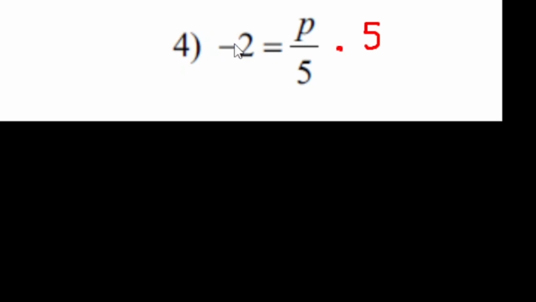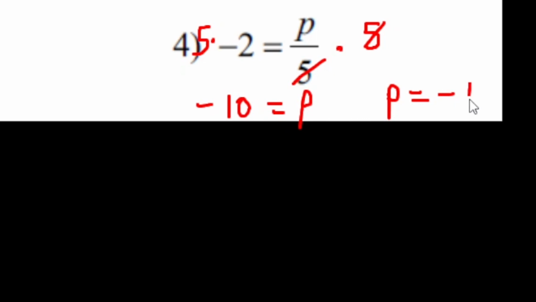And we need to do it on both sides. So if I multiply on both sides, this 5 cancels out and we get 5 times -2, that is -10, equals p. So -10 is equal to p, or we can write p is equal to -10.